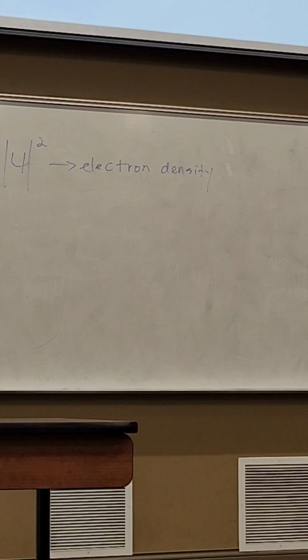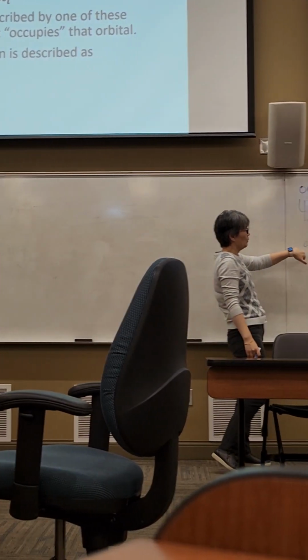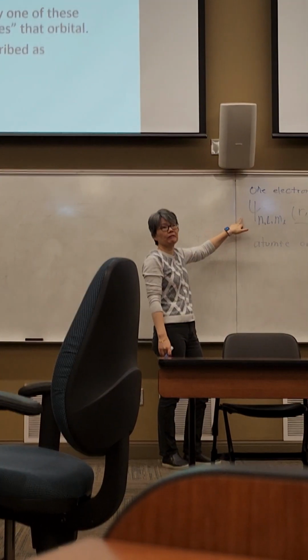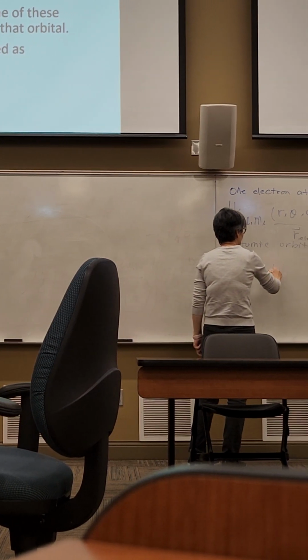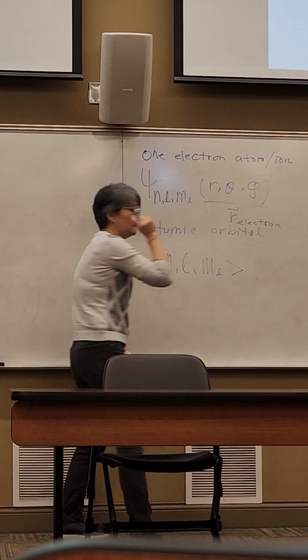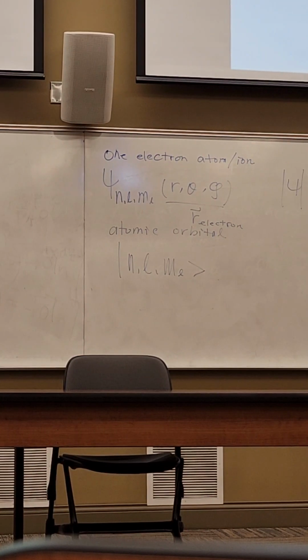So those are atomic orbital wave functions. All right, now we can have a lengthy discussion a little bit. You can describe those atomic orbitals by writing out the wave function like this, or you can just use a notation like this, because once you figure out those three quantum numbers, you define the exact wave function.